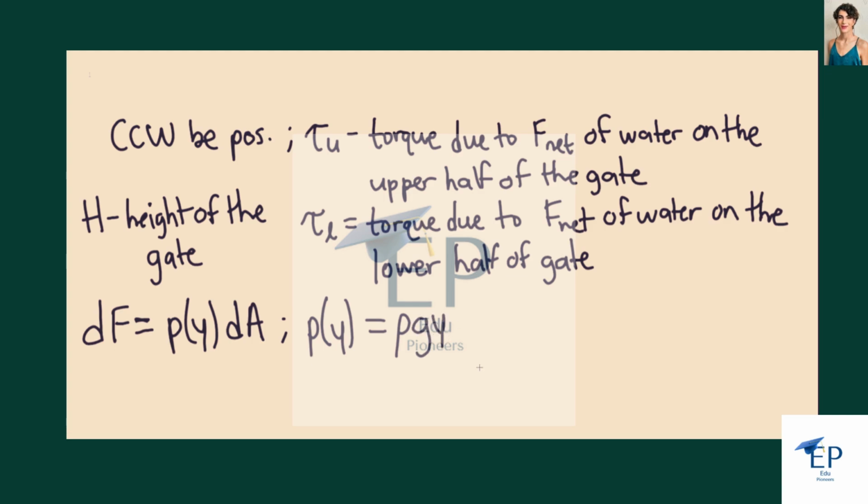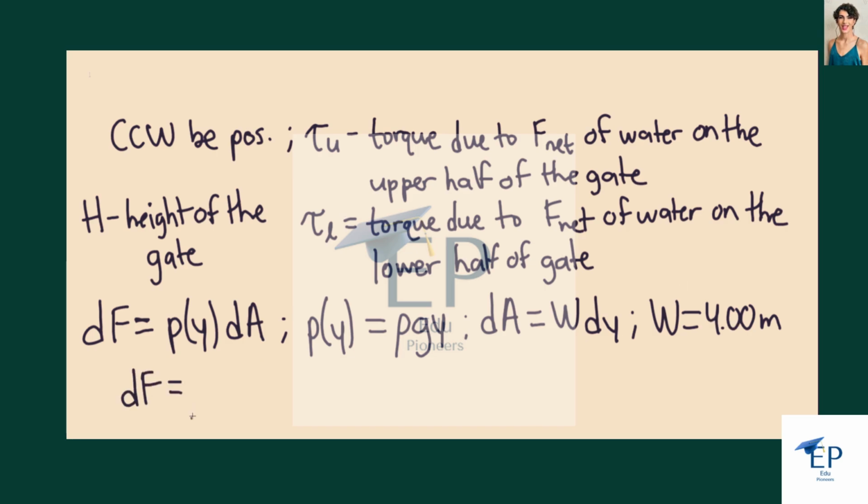And we can then say that the change in area would be the width times dy, with the width equaling 4.00 meters. We can then rewrite all of this and say that dF would equal the density times g times y times the width w times dy.